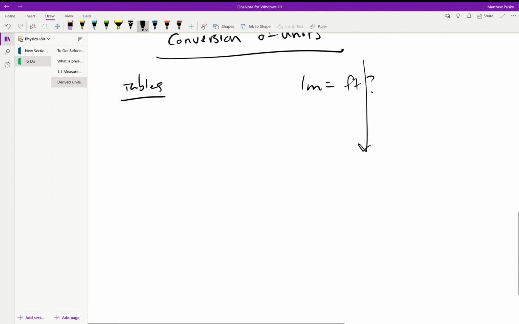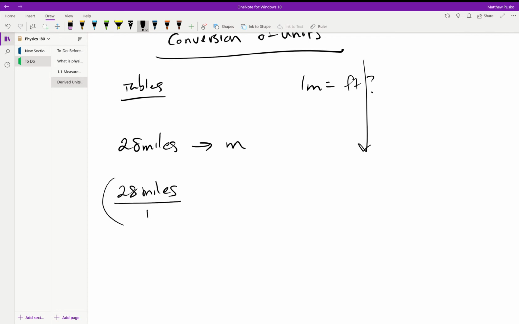But let's say they gave us something like 28 miles, and we have to convert that into meters. Well, we can say 28 miles, and let's go ahead and put that in fraction form. And we're going to have to multiply that by something else. I go ahead and put a fraction there. And we're going to want to get rid of miles, so I put miles on the bottom.